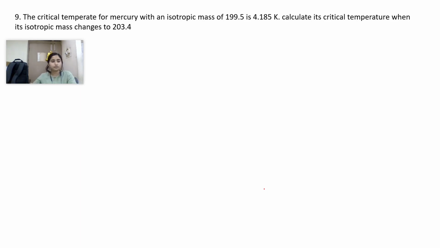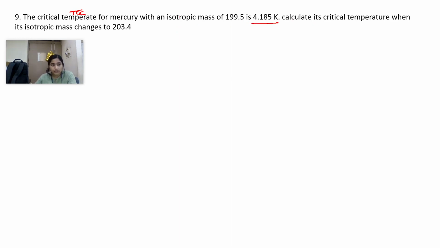Okay, now we will go to the next problem. The critical temperature for mercury with an isotopic mass of 199.5 is 4.185 Kelvin.